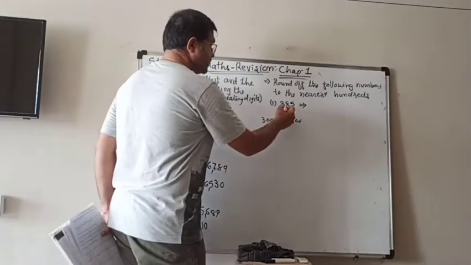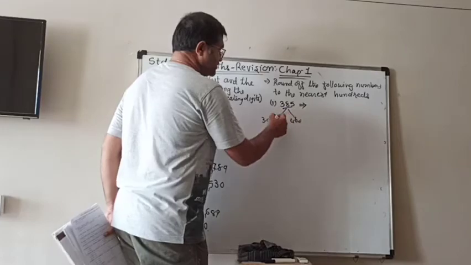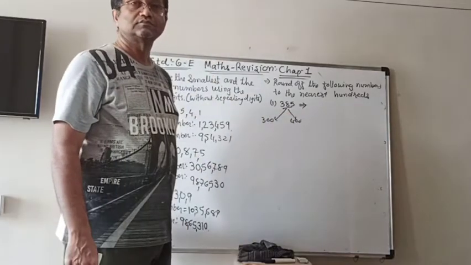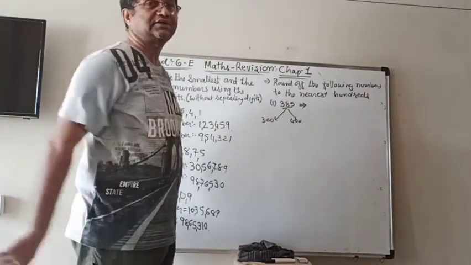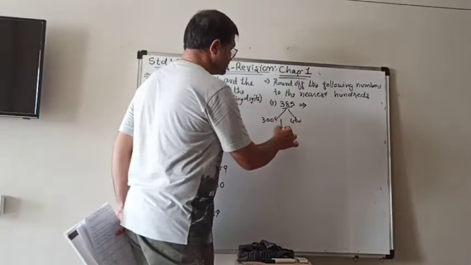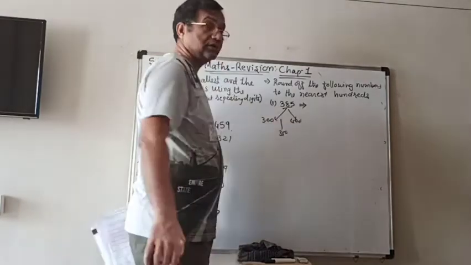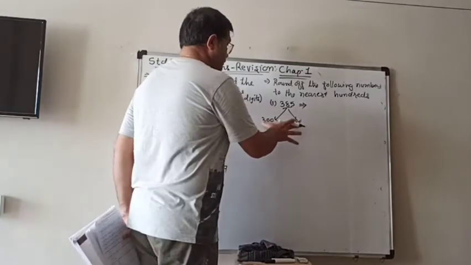Now 385 is more this side or more this side? Obviously it is that side. 350 is in the middle, exactly between the both of them.